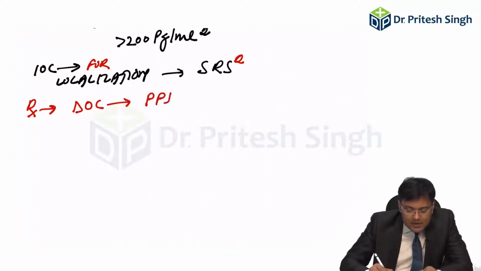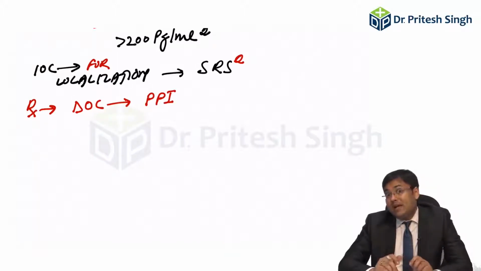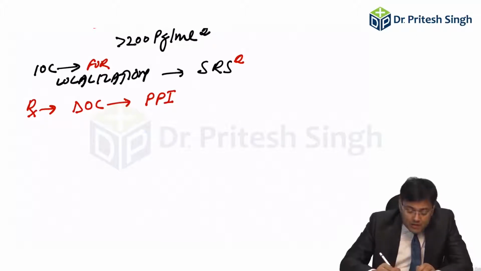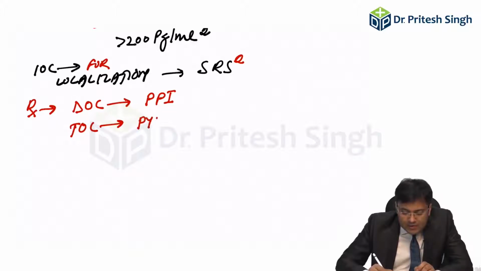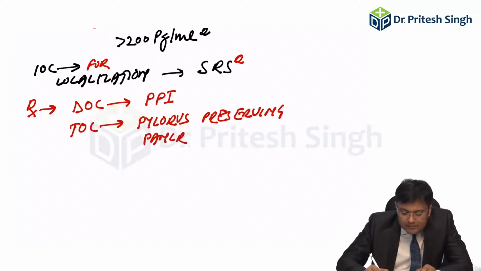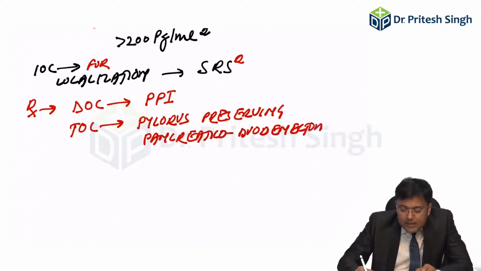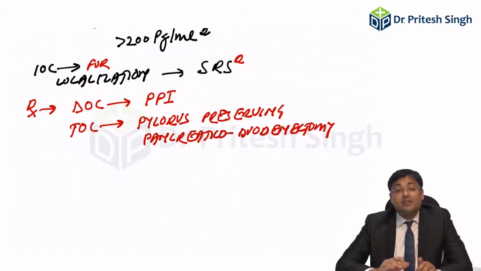Obviously it is proton pump inhibitors, PPI, because they will decrease the acid output. But by the way, what's the treatment of choice? Since it's a malignant tumor, the treatment of choice is pylorus-preserving pancreatico-duodenectomy. This is the treatment of choice.